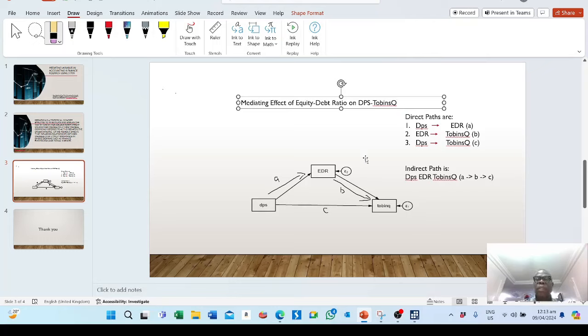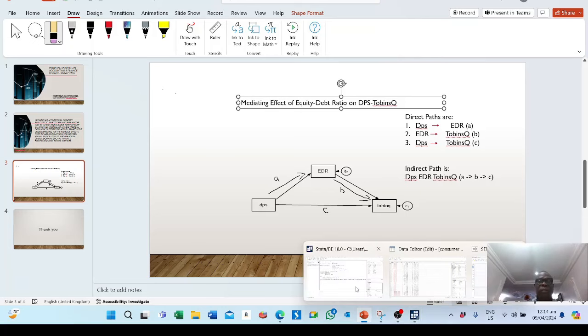We can say that we want to hypothesize that dividend policy proxied by dividend per share has an indirect effect or an indirect impact on TobinsQ through equity debt ratio. That is our working hypothesis.